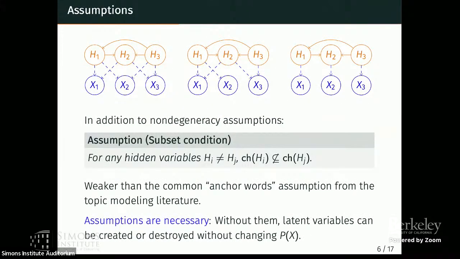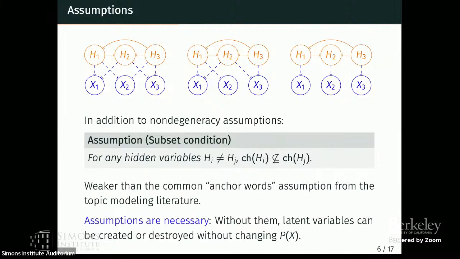So what's the main assumption we're going to need to make here? In addition to things like positivity, I'm going to make this subset assumption. Dan, this is getting to your point: for any two distinct hidden variables, the children of one hidden variable cannot be a subset of the children of the other hidden variable.